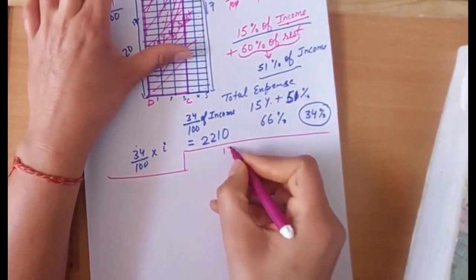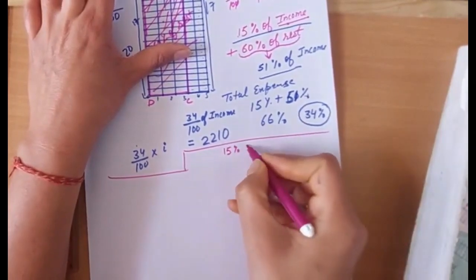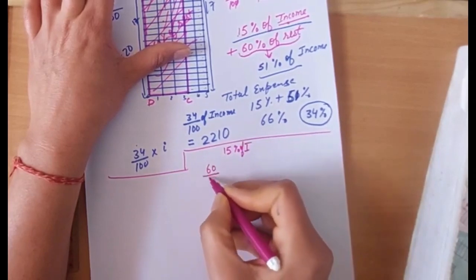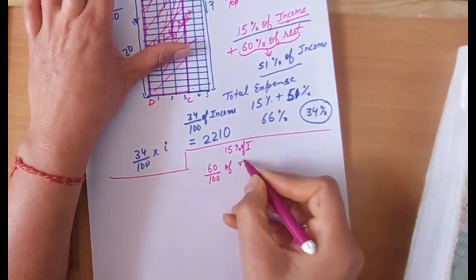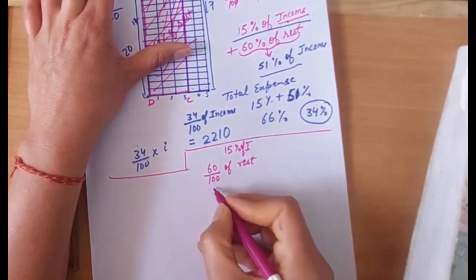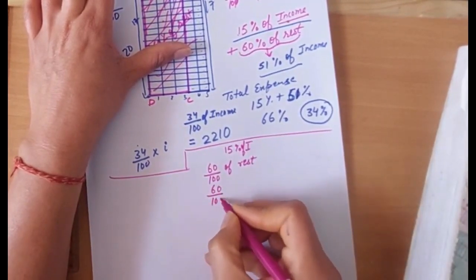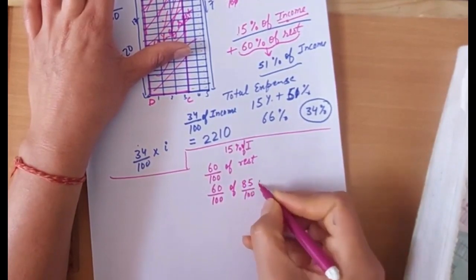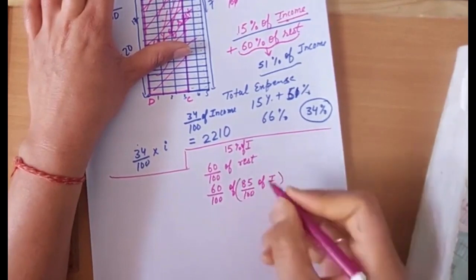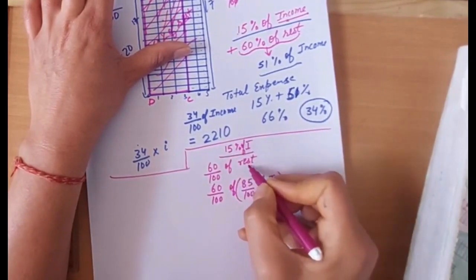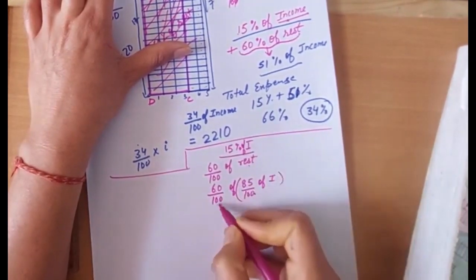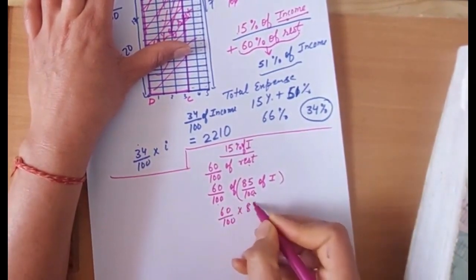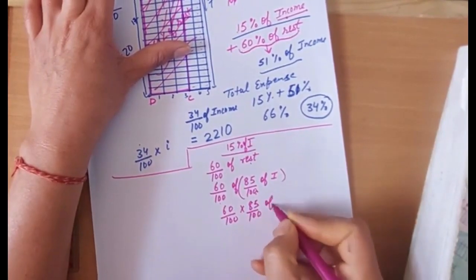Initially, Veer used 15% of income. And then 60% of the rest. 60% of the rest means 60% of 85% of income. After using 15%, what is the rest? 85% of income. So 60% of 85% of income.